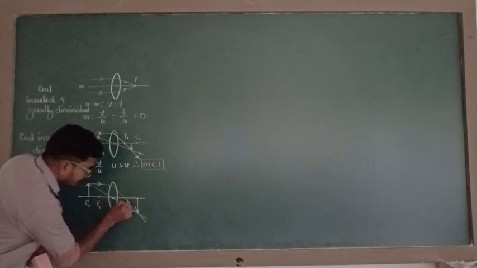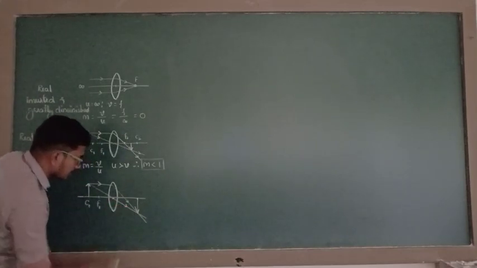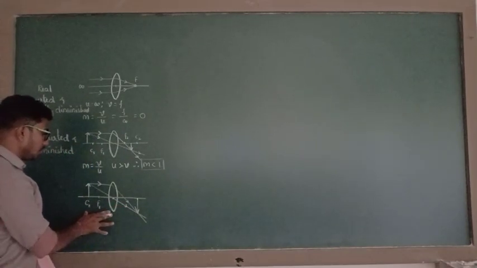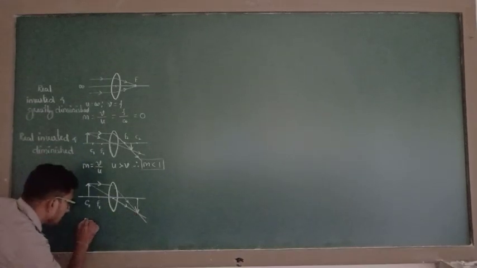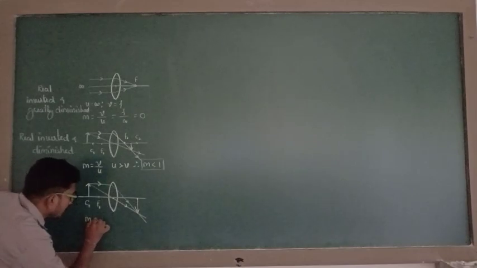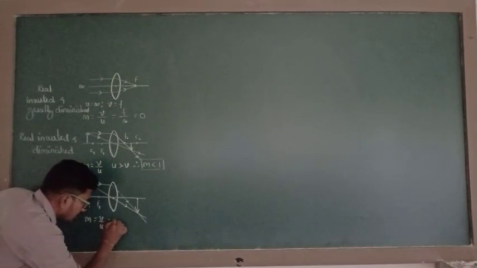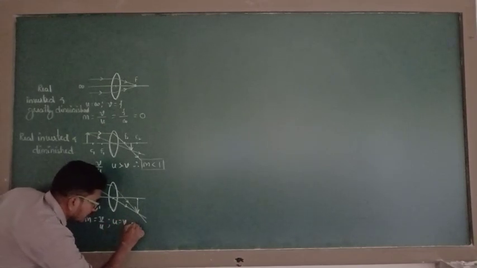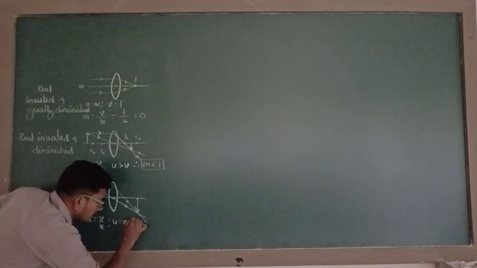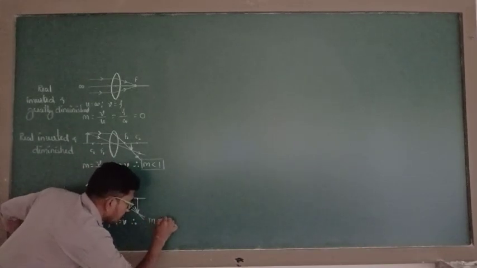Direction of refracted light rays. So clearly here U is equal to V, then M is equal to V by U. So here U is equal to V, therefore M is equal to 1.